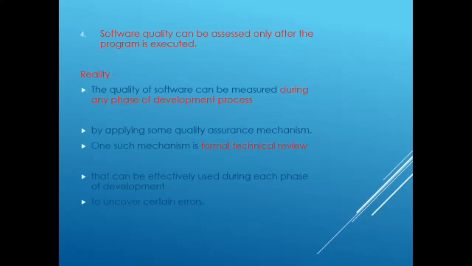But the reality is that the quality of software can be measured during any phase of the development process. By applying a quality assurance mechanism, one such mechanism is formal technical review, which can be effectively used during each phase of development to uncover errors.